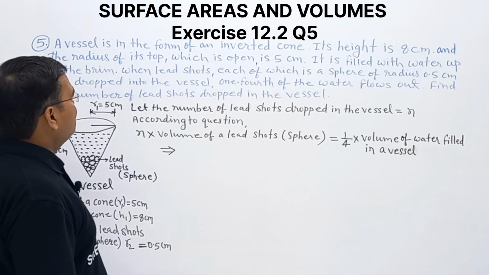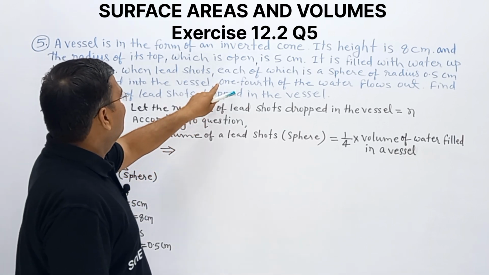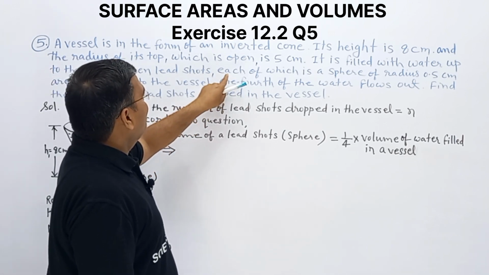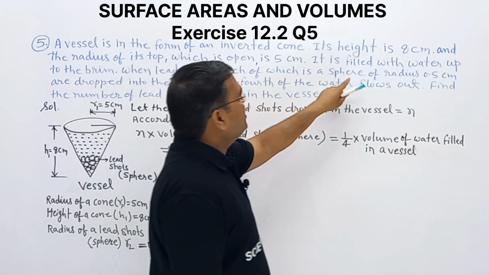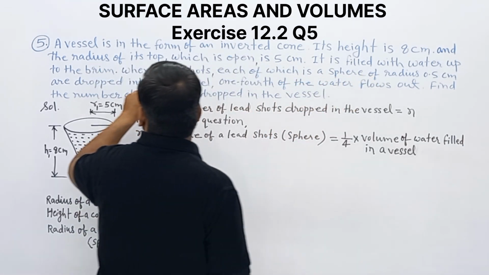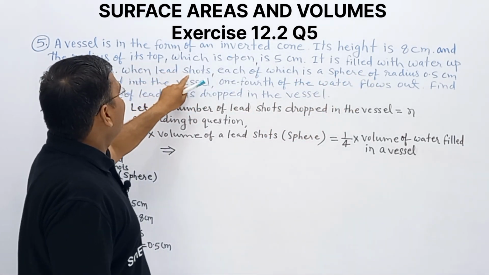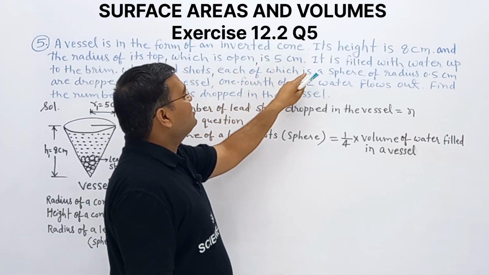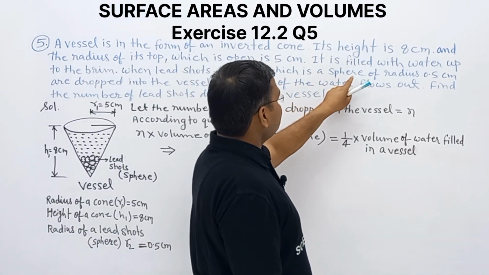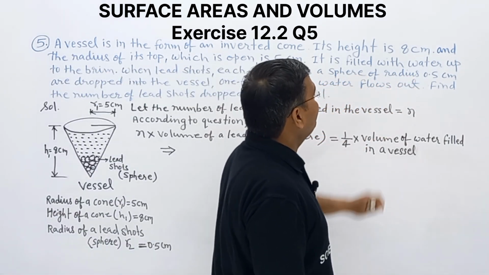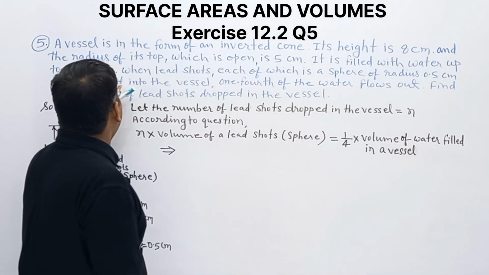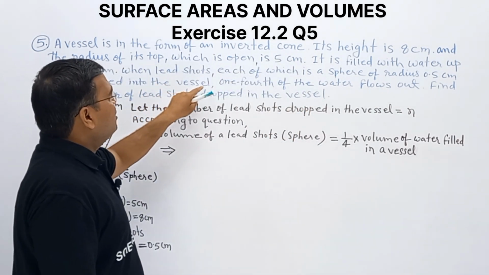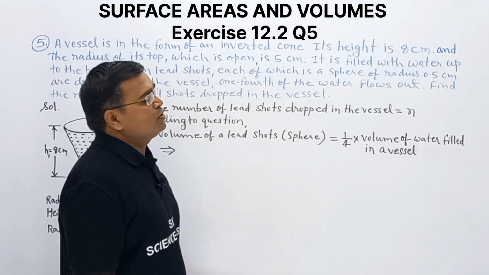Now, one condition is given. Observe again: when lead shots, each of which is a sphere of radius 0.5 centimeter, are dropped into the vessel, 1/4 of the water flows out.